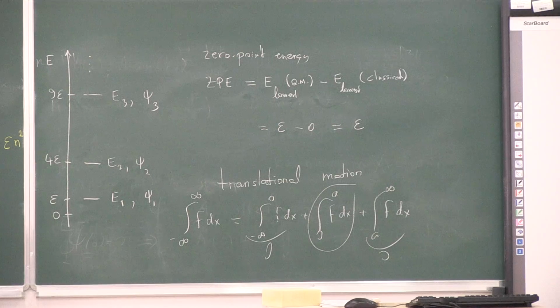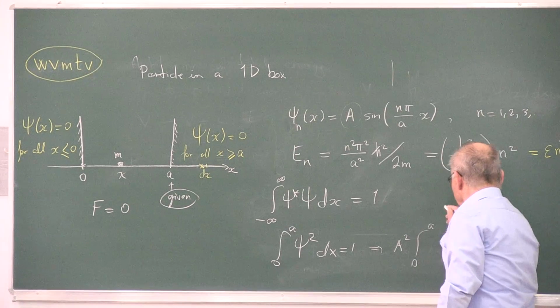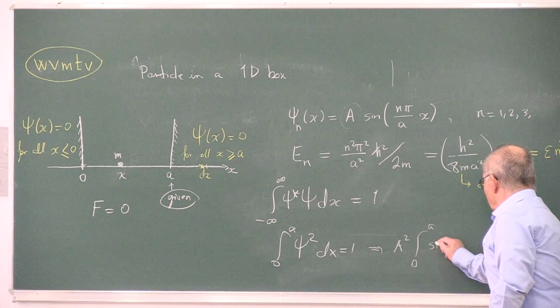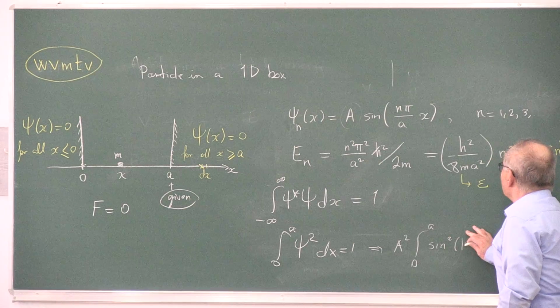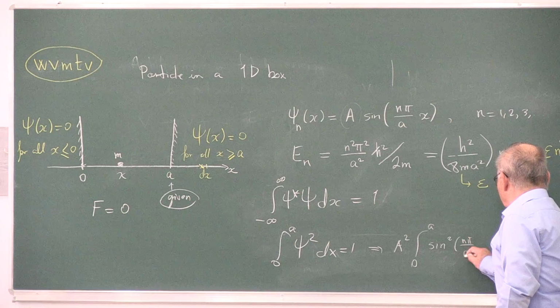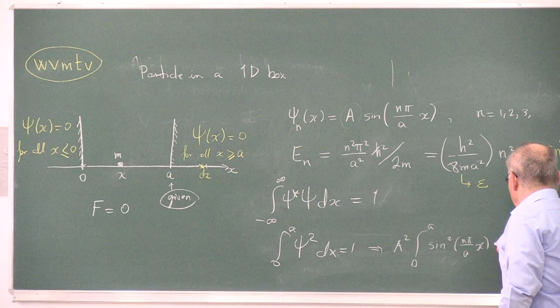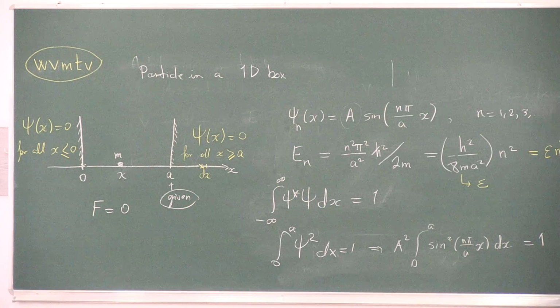Now we put in the sine square of n pi over a times x, dx. This must be equal to 1.